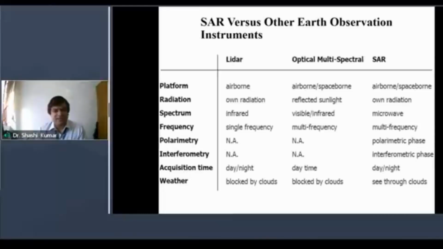In the case of SAR, one SAR sensor can acquire the data set in a single frequency, but when data sets from multiple SAR sensors are acquired, a multi-frequency data set can be obtained. One has to keep in mind that one SAR sensor will acquire the data set in one frequency range only.